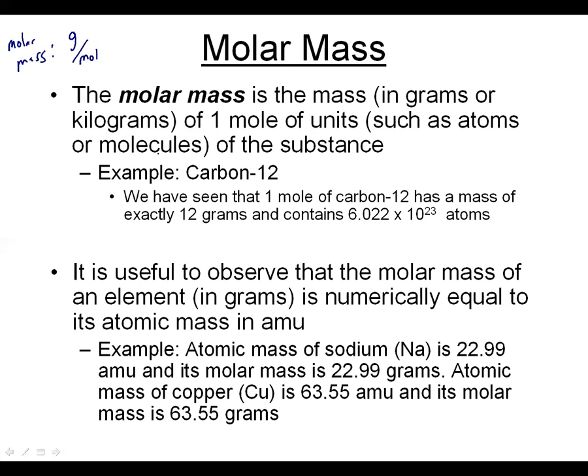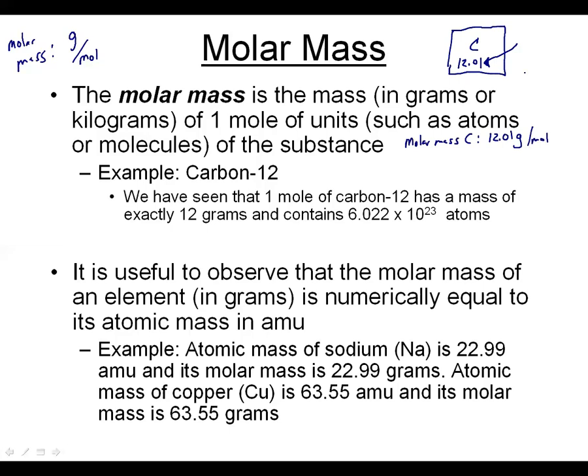And the molar mass is actually, from the periodic table, the same number that we pull off for the atomic mass. So when we look at something like carbon, it says 12.01. What that means is the molar mass of carbon is 12.01 grams per mole.